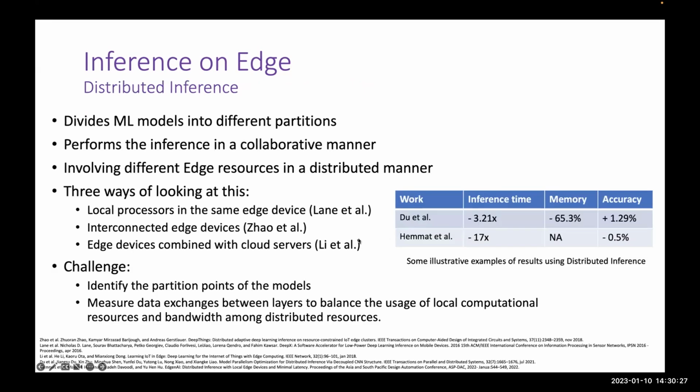Then we have the distributed inference. Here, instead of reducing the size of your model, the efforts in this area try to see how to distribute the inference. The inference will not be executed on one device, but several devices will be collaborating together to do the inference.